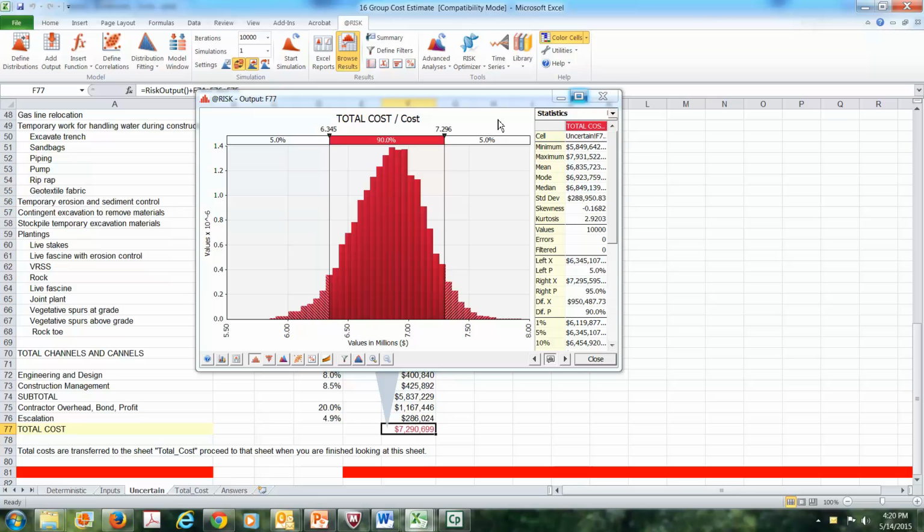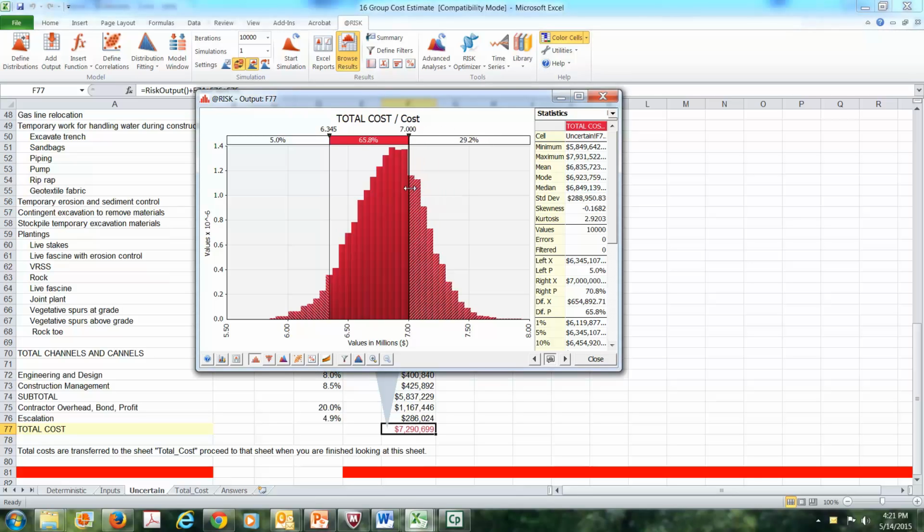And let's suppose, just for convenience, that this was a continuing authority program that had a cap number of 7 million, just because that's convenient for our example here. I pull my delimiter over to this, and it says 29.2% or 2,920 of my 10,000 iterations produced cost estimates in excess of a $7 million cost. Look down here at this cost rate now.